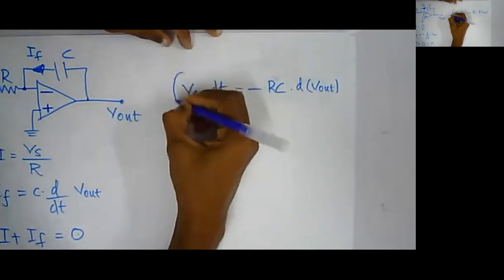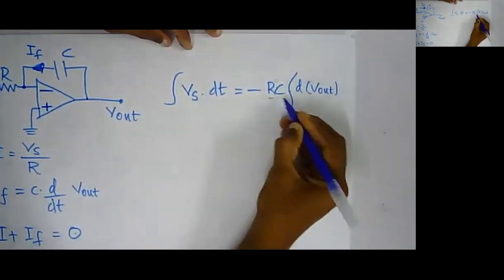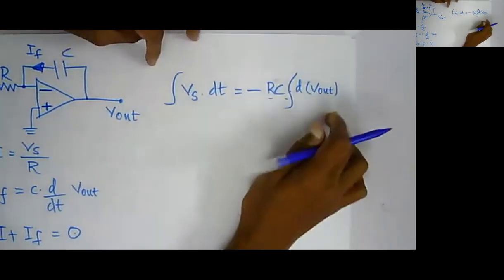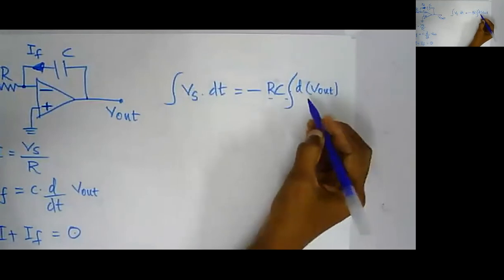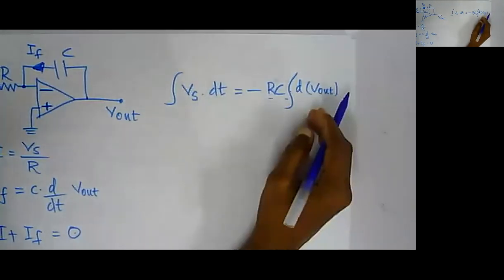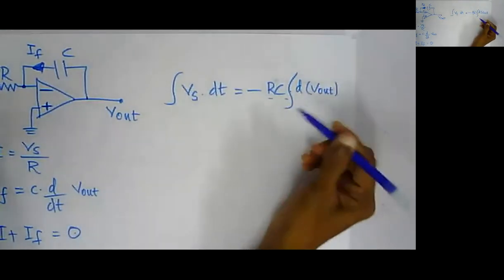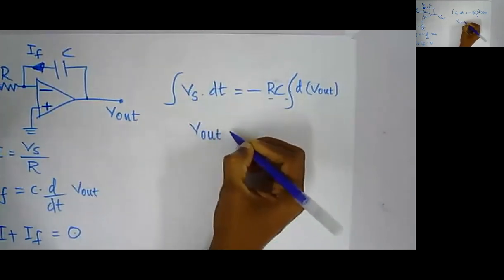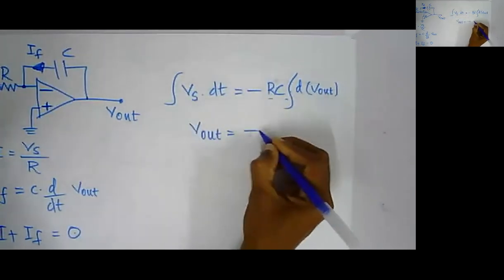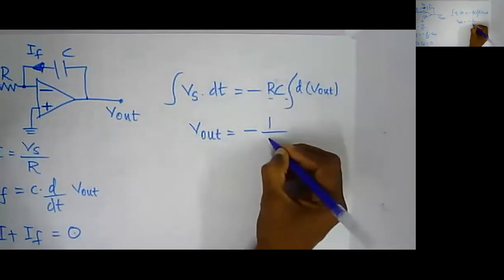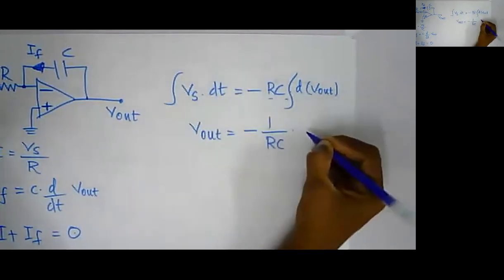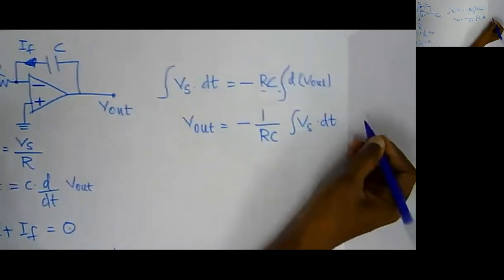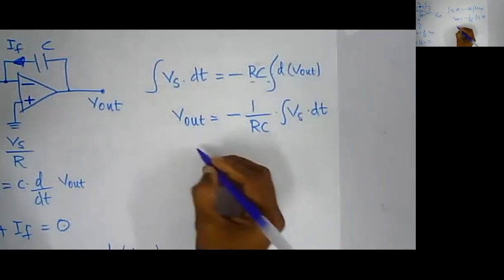Now integrate both sides. RC is a constant. Now just integrate both sides. So dV out becomes V out. So I can write my V out equals, bring the minus to the other side, RC becomes 1 over RC into integration of Vs into dt. Look at this one.